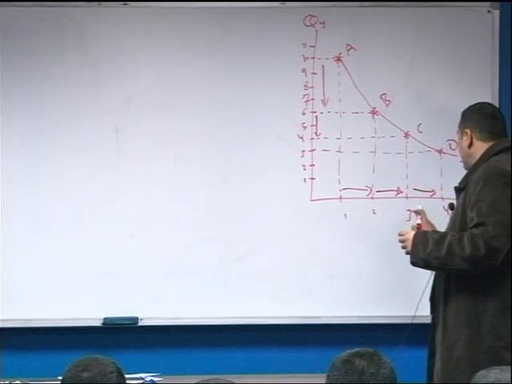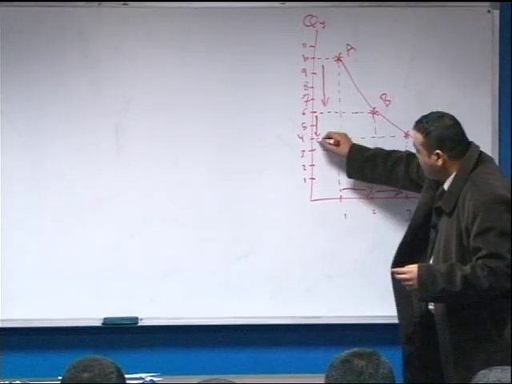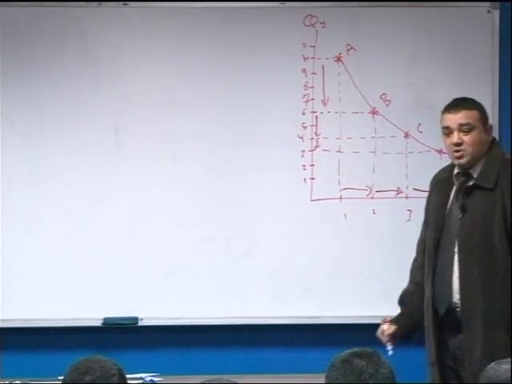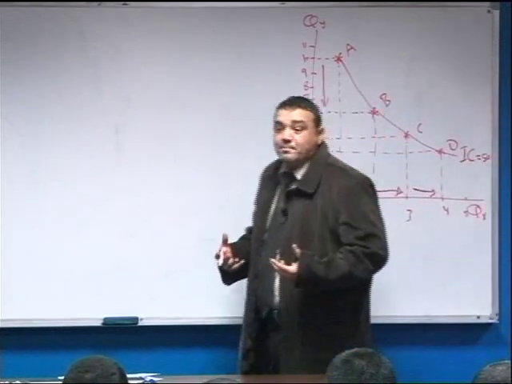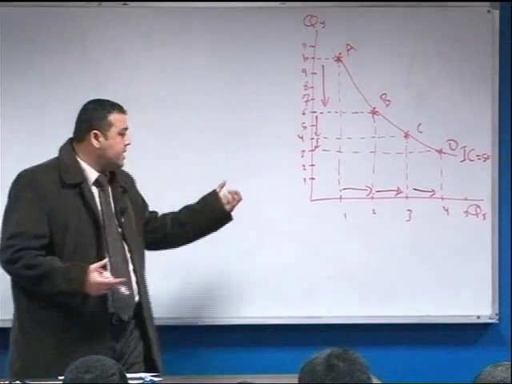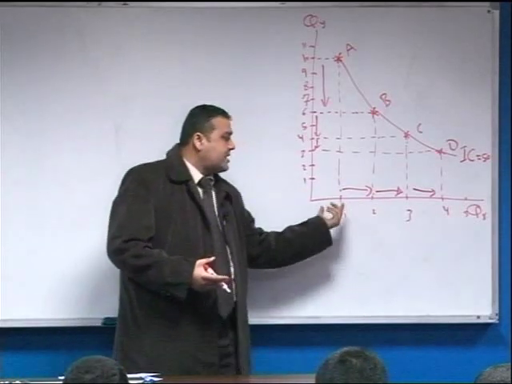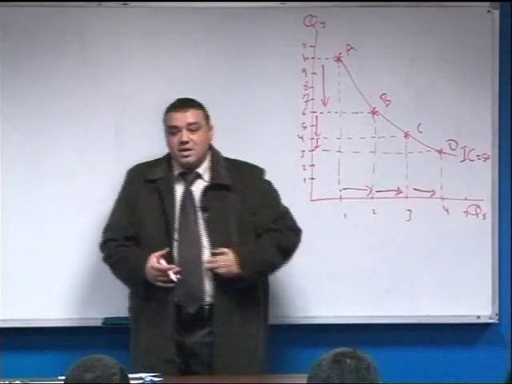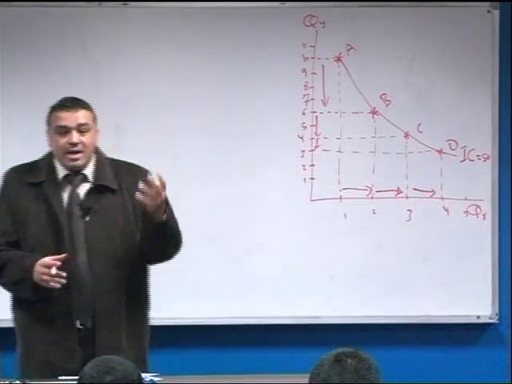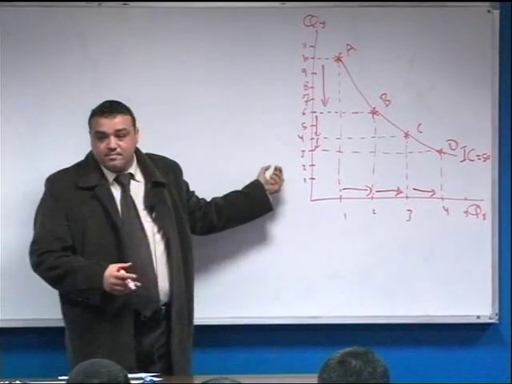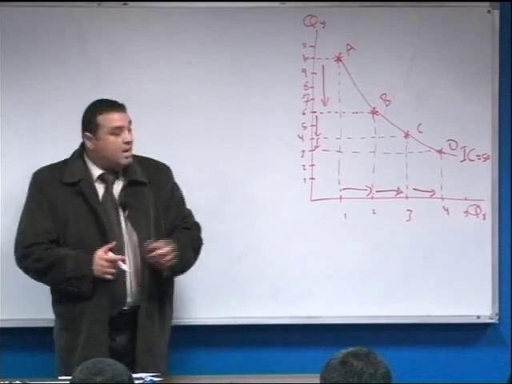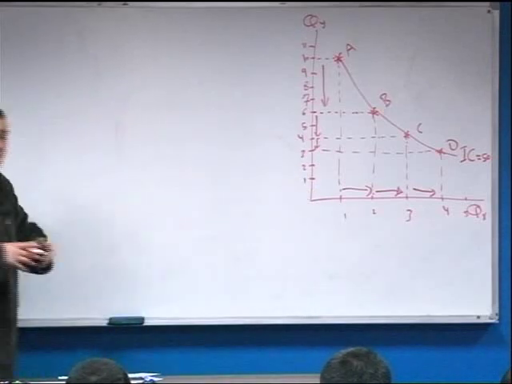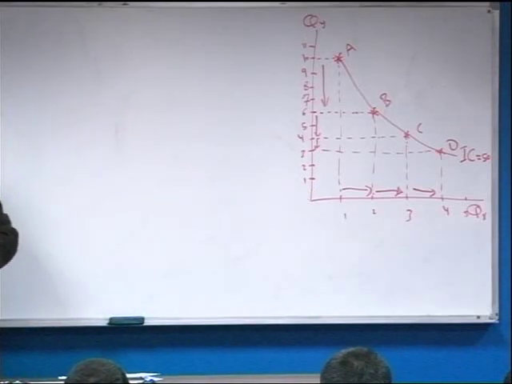Then from 3 to 4, he gave up 1 unit. So as you see, the giving up of Y, when he added additional units of X, is decreasing. Right? So it's called the marginal rate of substitution.